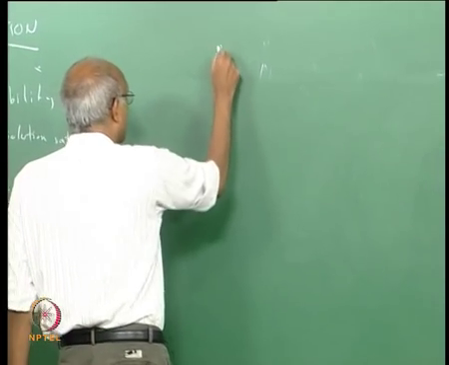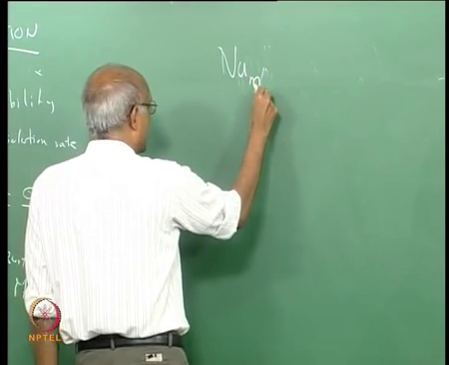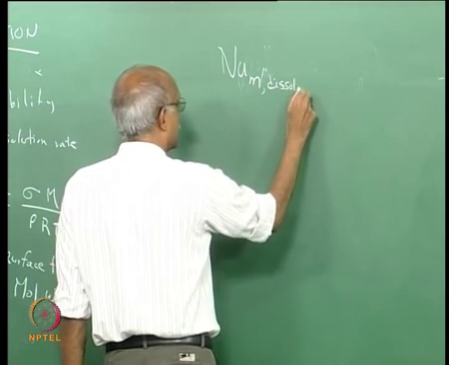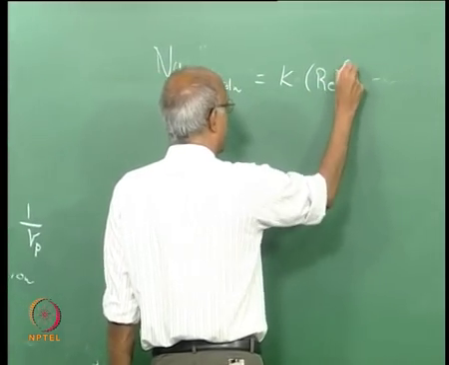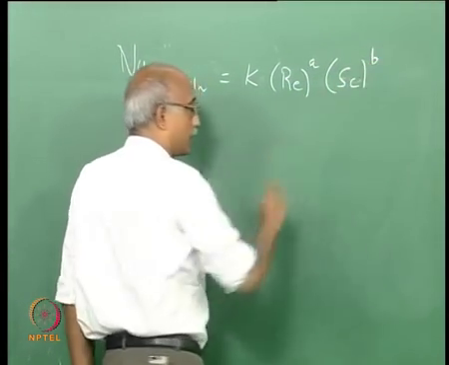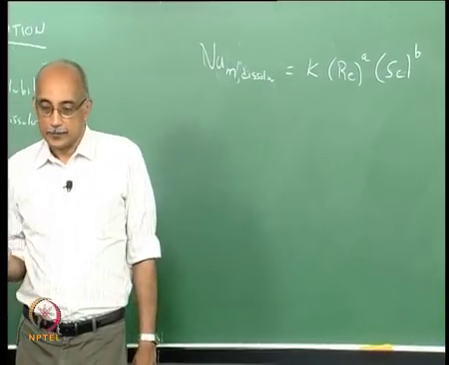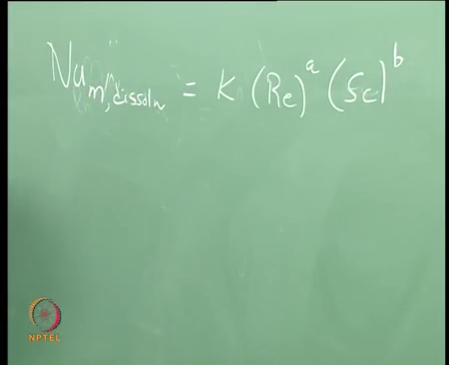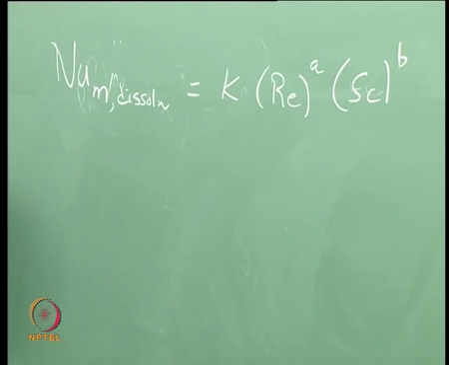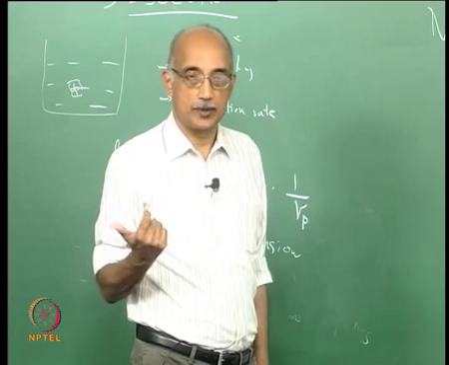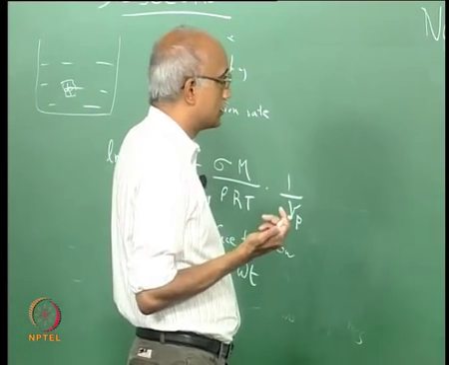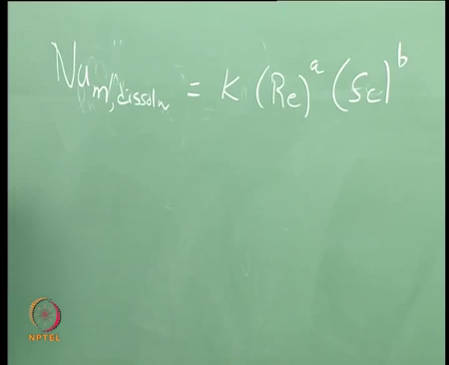So, the Nusselt number for mass transfer for a dissolution process can be written as some constant times the Reynolds number to the power A times Schmidt number to the power B. Again, as we saw in the last lecture, the Nusselt number, which is a dimensionless expression of mass transfer in the case where it is dominated by diffusion, is related to two other non-dimensional parameters, the Reynolds number and the Schmidt number.